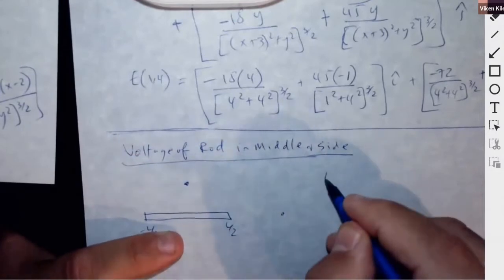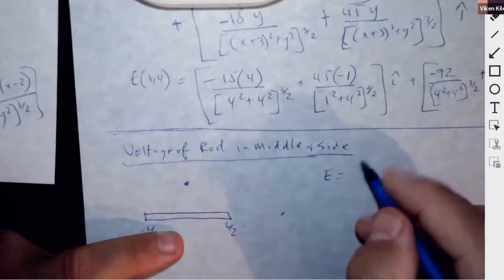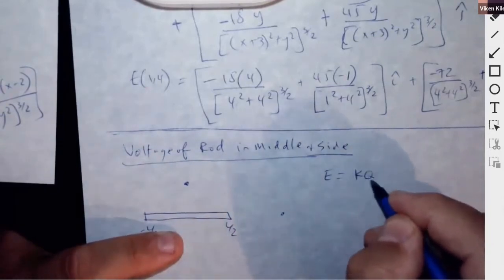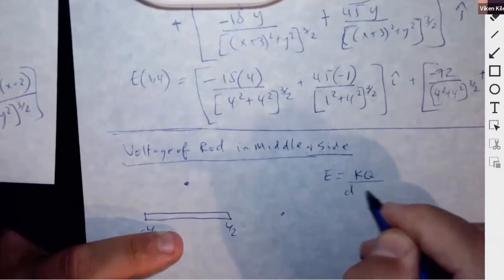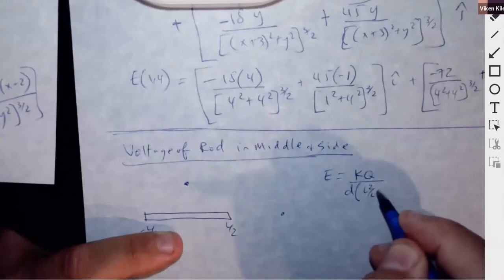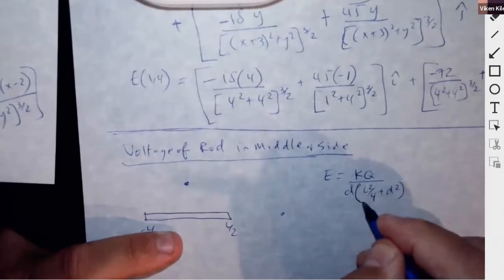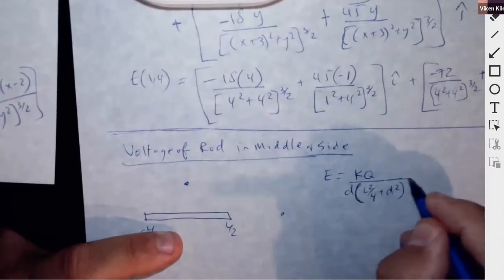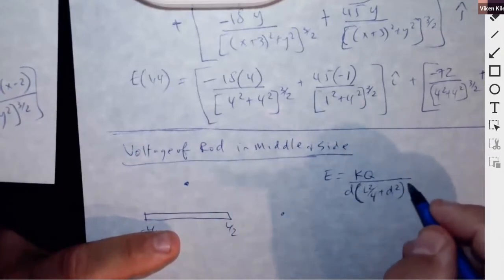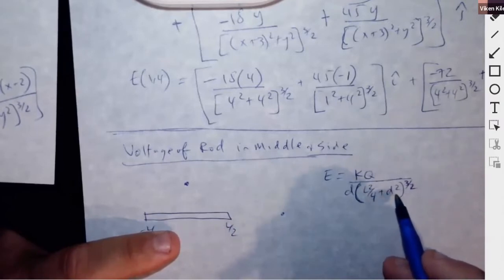So if you go back to the electric field, we have an equation for the electric field of a rod, kQ over D, L squared over, was it L squared over 4 plus D squared to the 3 halves, was it? 3 halves as D goes to infinity.